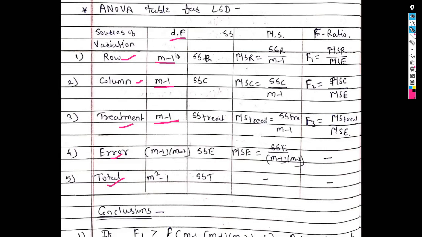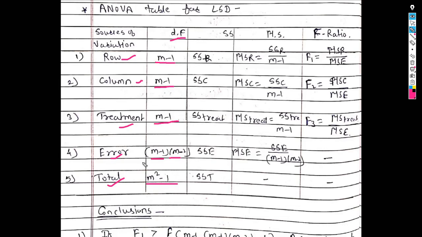Hence our degrees of freedom for row, column and treatment is the same, that is m minus 1. For error, we get degrees of freedom (m minus 1) into (m minus 2). And for total, we get m square minus 1. So m square means total number of observations, minus 1.